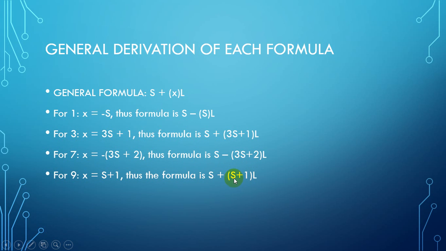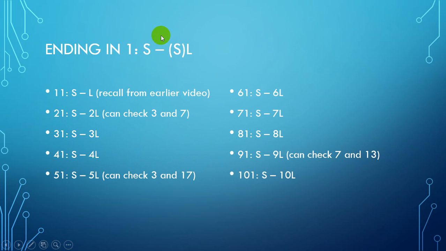That's what you do to the leaf. So generally speaking, you break the stem and leaf off, you do something to the leaf, and this is what you do to it, based on whether your number of interest ends in 1, 3, 7, or 9. So ending in 1, we have that formula which I derived, s minus sl.